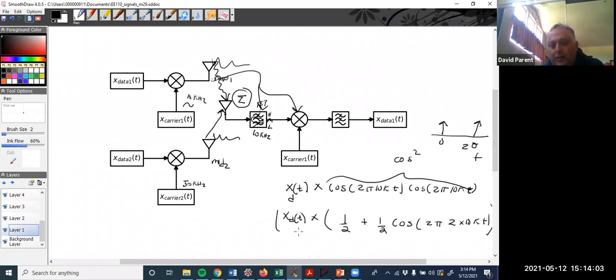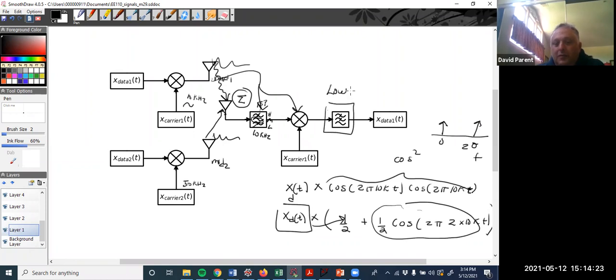So this is our original signal, and it's just multiplied by half, and then it's multiplied by this cosine, right? So this I don't want. I want this. So I pass it through a low pass. All right. And that's really it.